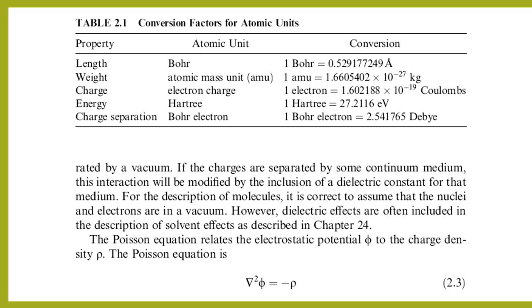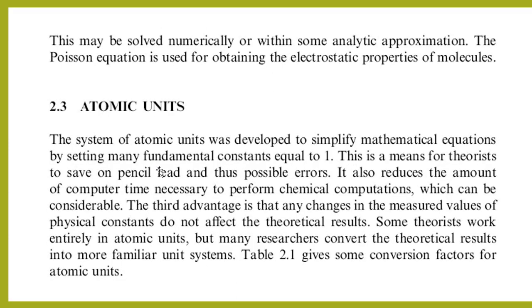So these are very important conversions for length, for weight, for charge, for energy, for charge separations. Now this may be solved numerically or within some analytical approximations. Poisson's equation is used for obtaining the electrostatic properties of molecules.